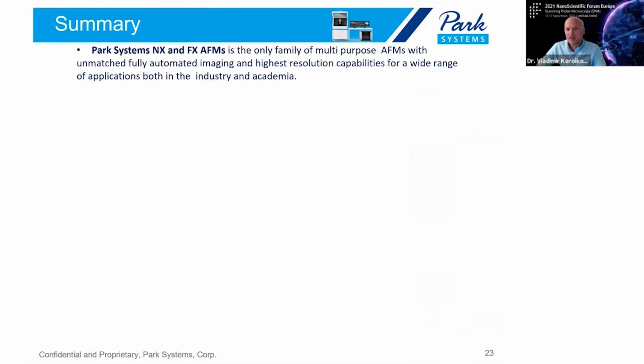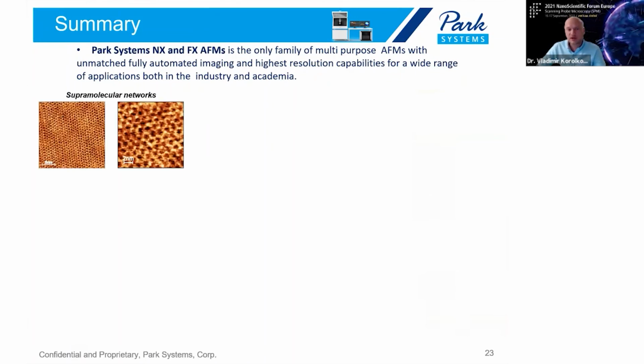Okay, so at the end, I would like to stress that with Park Systems and the new FX series of AFM, we provide perhaps the best solution in terms of the highest resolution imaging, and that was demonstrated on things like supramolecular networks, which is a 3-angstrom layer. If you think about that, just a 3-angstrom layer on the surface of a 2D material.